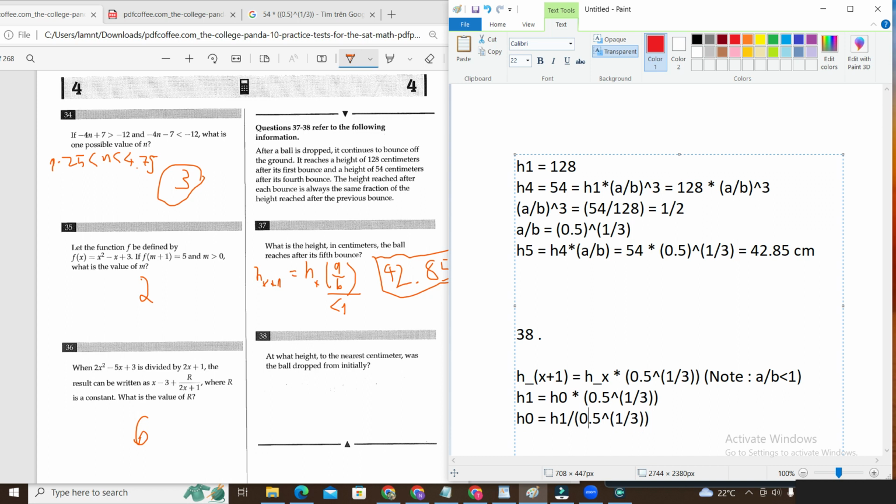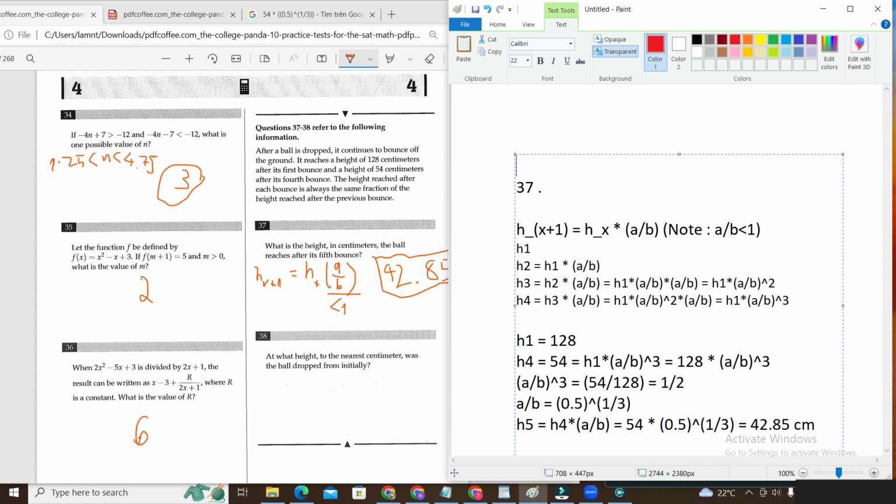That's 128 centimeters divided by the ratio. That's the theoretical approach. We have to check our answer again first in this case.